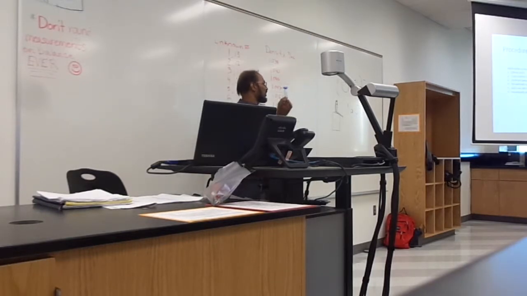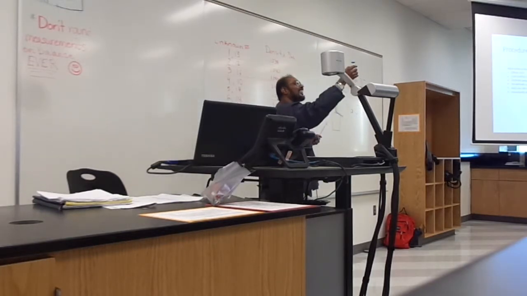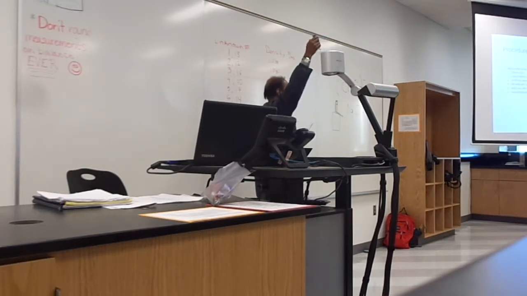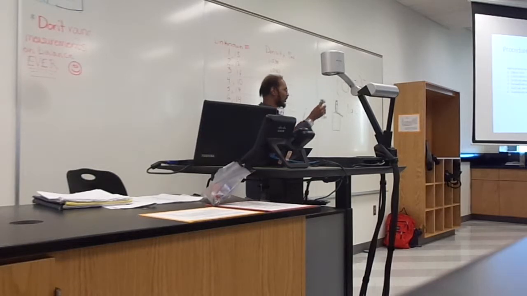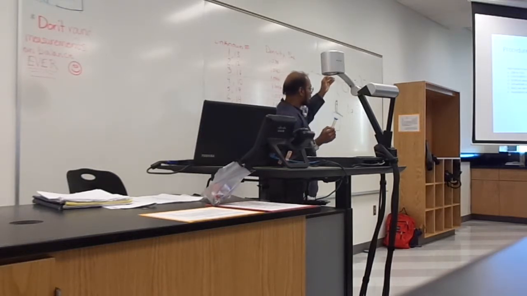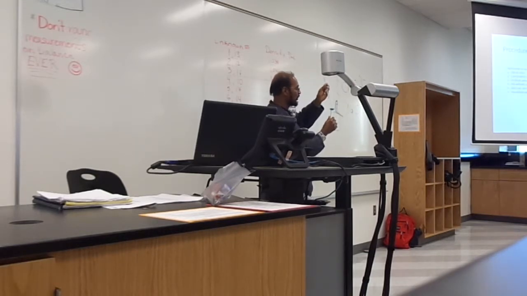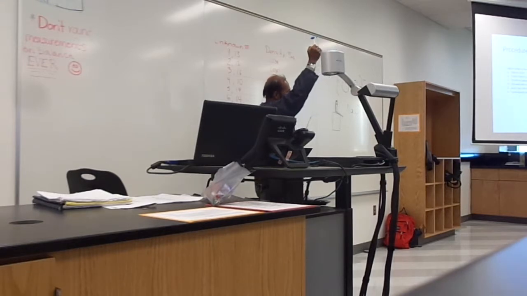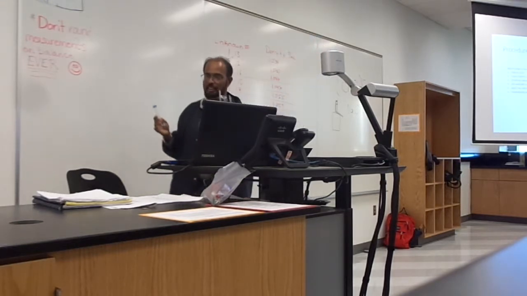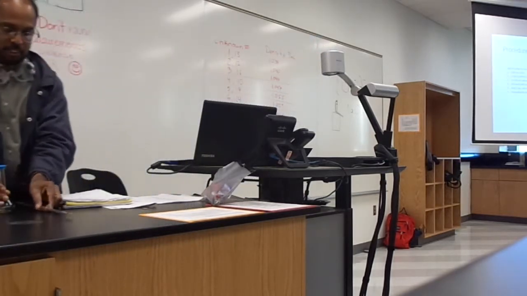I heard from the last lab some students fill this up to the top to dilute the sample. So that's wrong. Make sure that you use this pipette to measure 5 milliliters and transfer to this one and add water up to this calibration mark here. And then you make a 1 to 10 dilution.